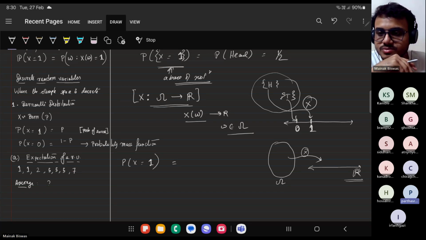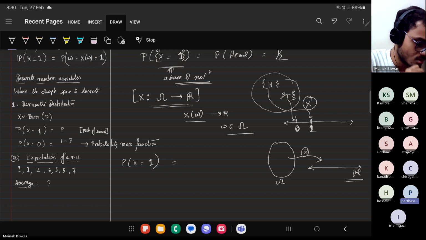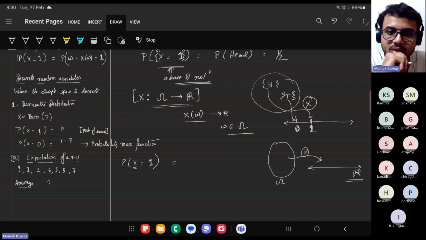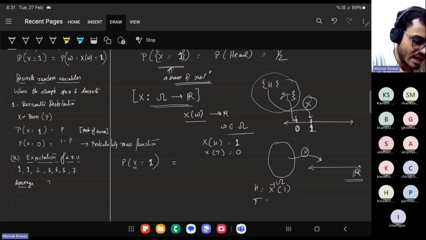Yes, go ahead, Partho. So it's f of 1, if the function is the random variable, right? X of 1, what does it mean? So X of head is equal to 1, X of tail is equal to 0. So head is equal to X inverse 1 and tail is equal to X inverse 0.